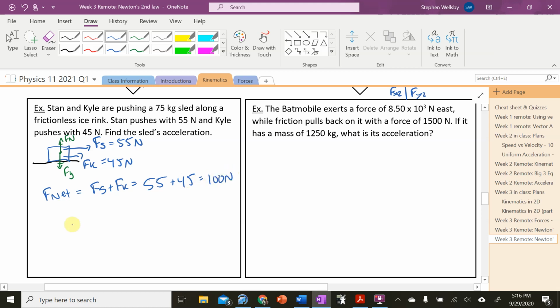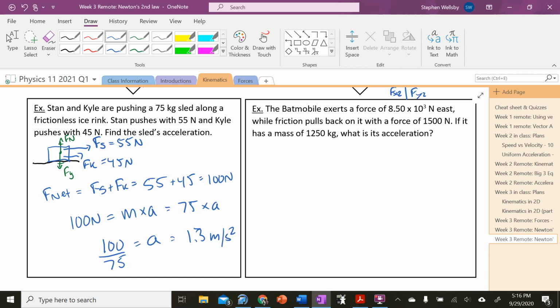And we also know that this 100 newtons, this net force, is equal to the mass times the acceleration, which we have listed as 75. So if we rearrange this equation, we have 100. We're going to divide both sides by 75, and that's going to equal a, and that's going to be 1.3 meters per second squared. So that would be our net acceleration.